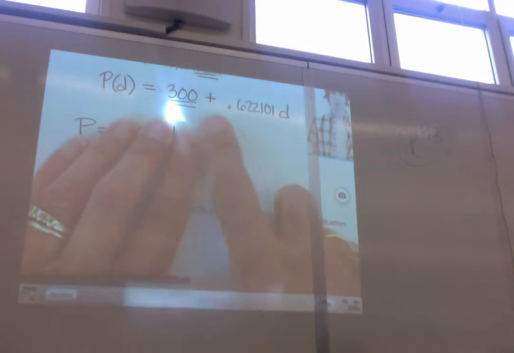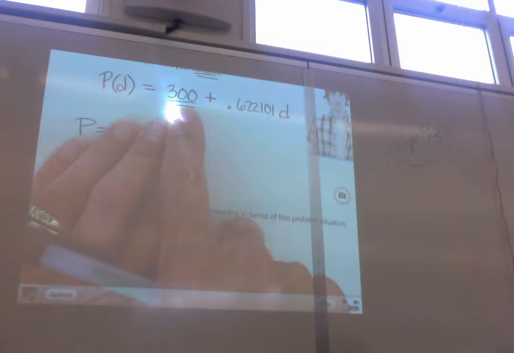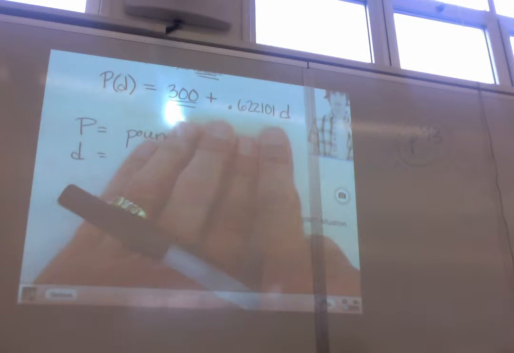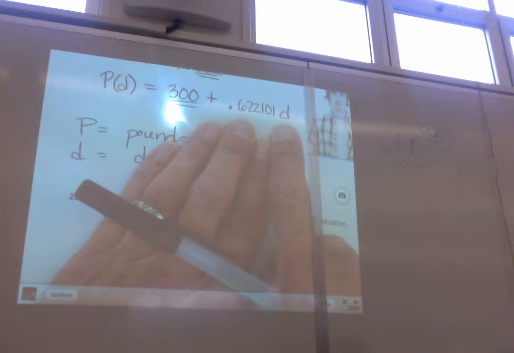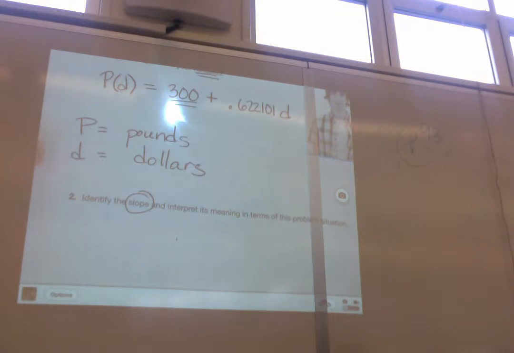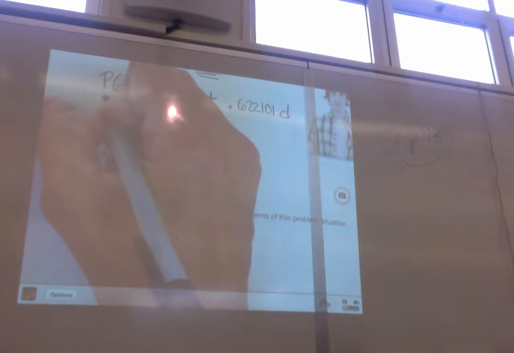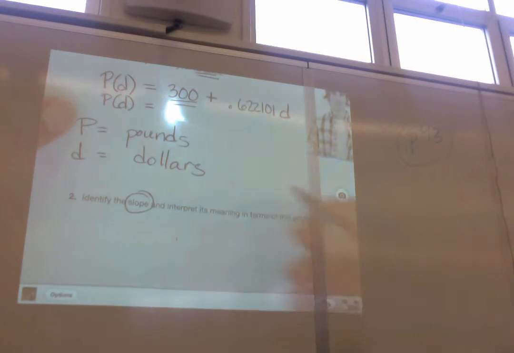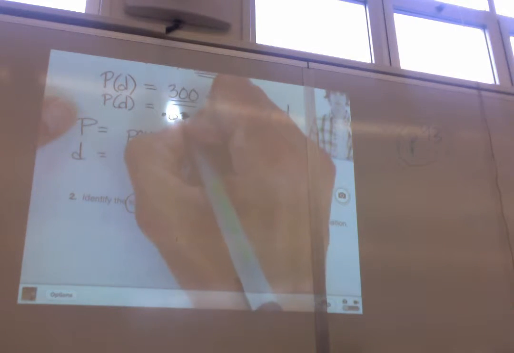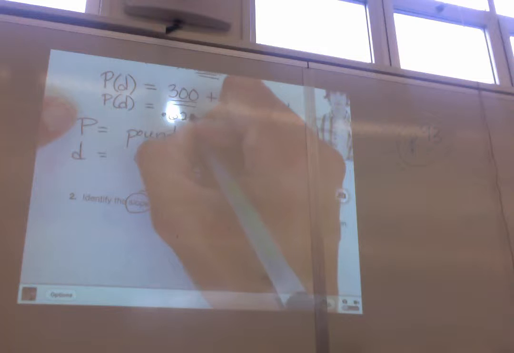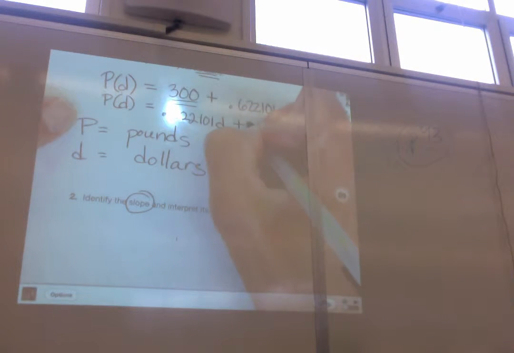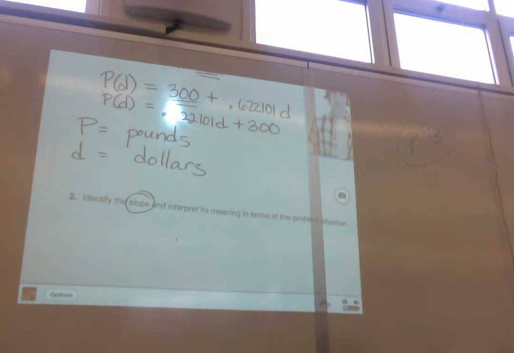D. But 300 isn't a letter. Is it in front of a letter? Maybe this would help if I rearrange this. P of D can also be 0.6220101D plus 300.